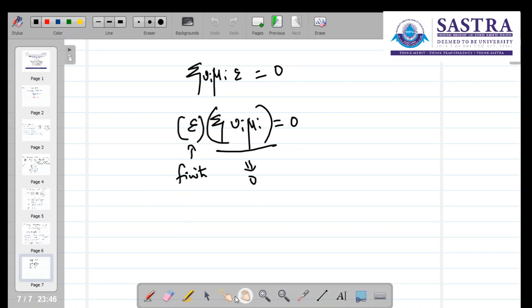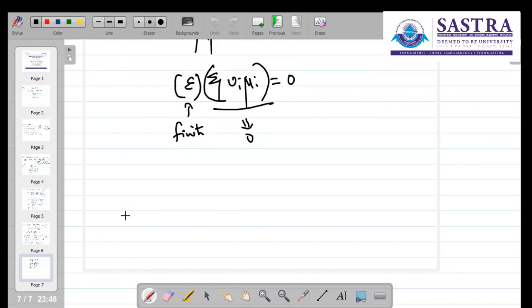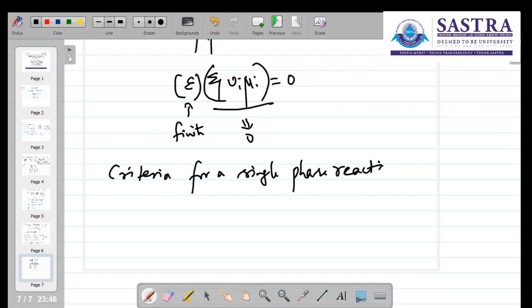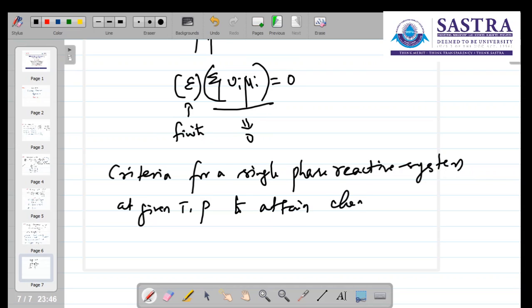Going by this, we arrive at the criterion for a single phase reactive system at a given temperature and pressure to attain chemical equilibrium.